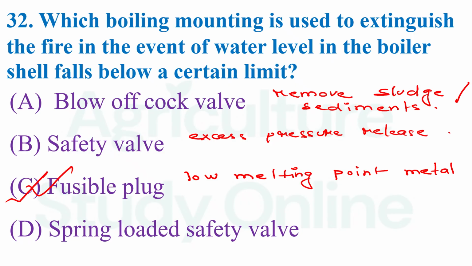And spring loaded safety valve is like a safety valve for pressure control, we can say. So correct option is: for low water, the fusible plug will melt, then the fire will stop, and for high pressure the safety valve will open. So correct option is C.